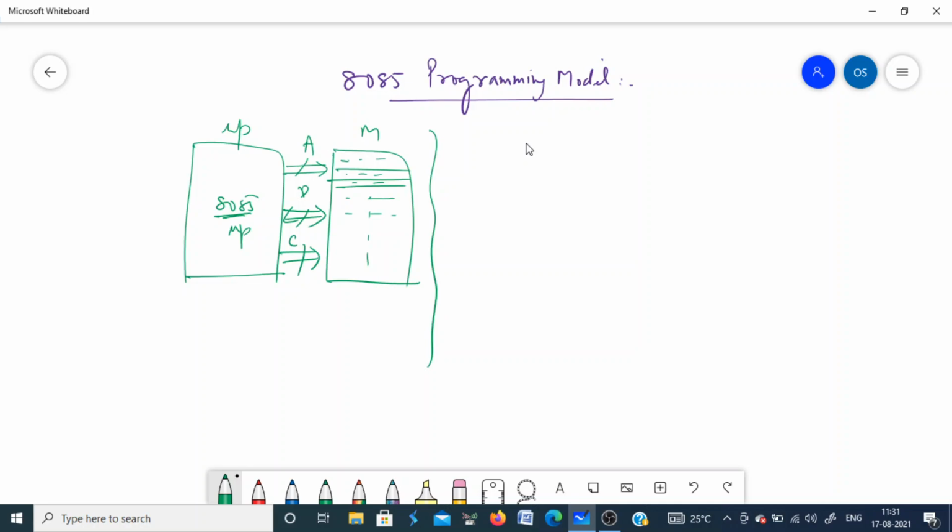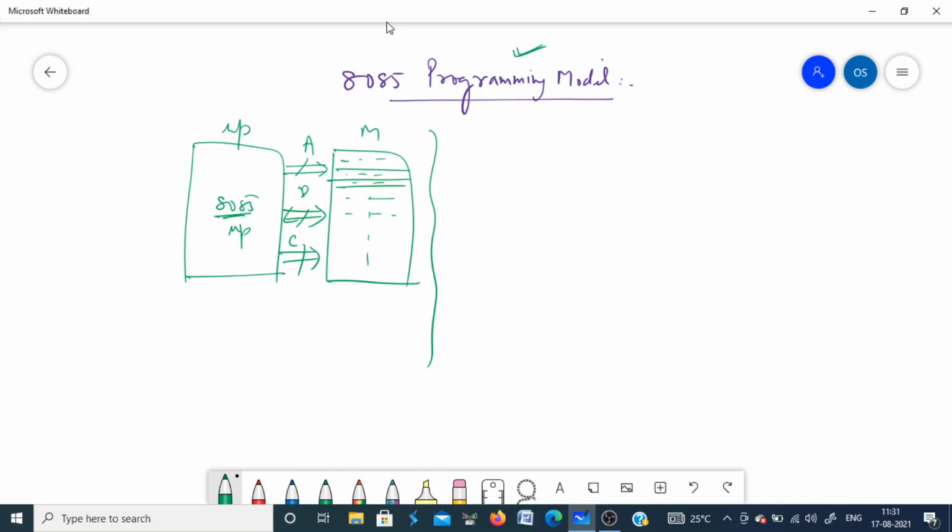In the 8085 programming model that we will discuss today, it is a model which gives you an idea of which registers are available in the 8085 to the programmer. There are certain registers which are used only by the processor and are not accessible to the programmer for programming.